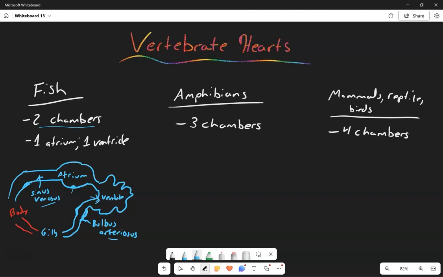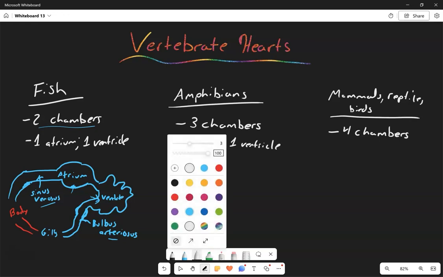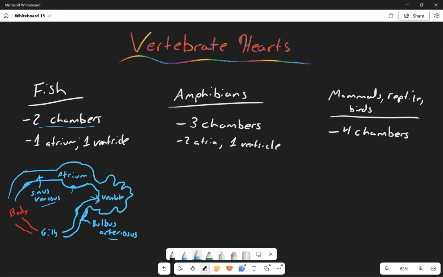Okay? Now your amphibian heart looks a little bit different. It's got three chambers. It has two atria, so a left and a right atrium, and one ventricle. So what you have is your right atrium, okay, which is going to receive blood from the body.